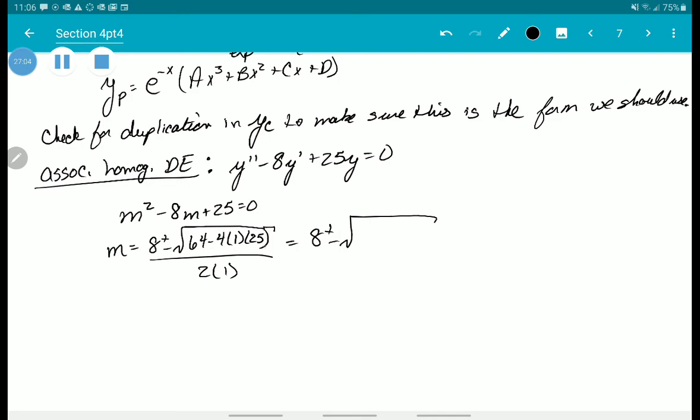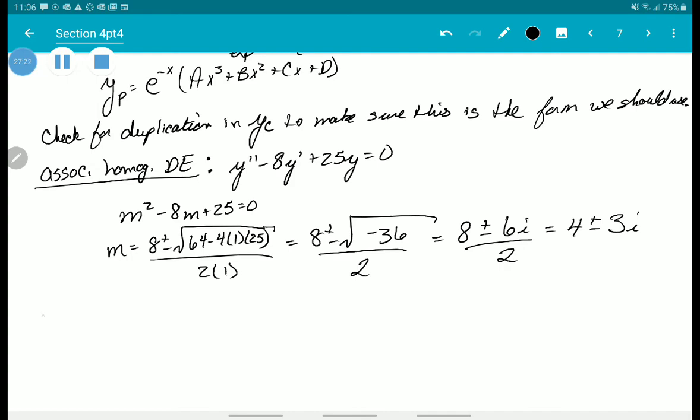So 64 minus 100 is negative 36. It's negative, so we're going to have imaginary roots. So we already know there's not going to be any duplication there. We've got 4 plus and minus 3i.